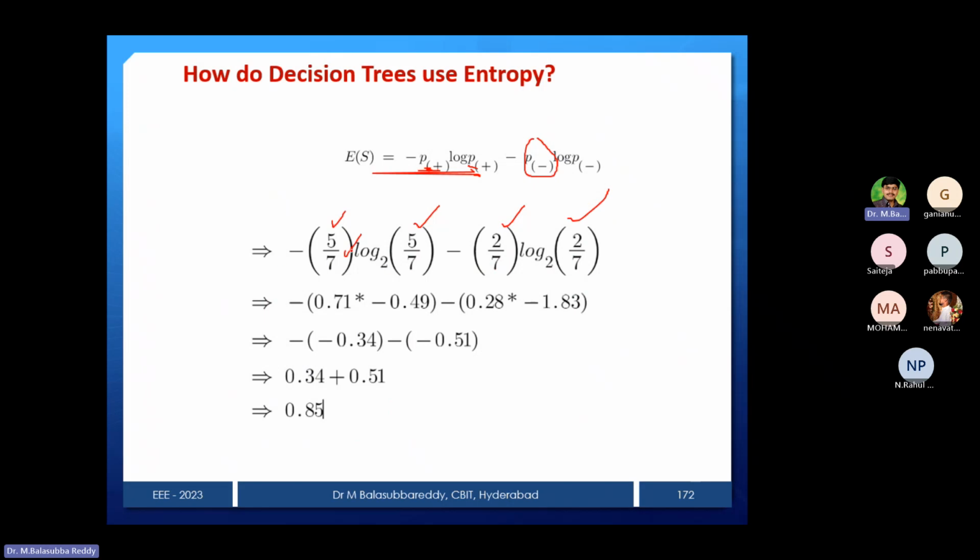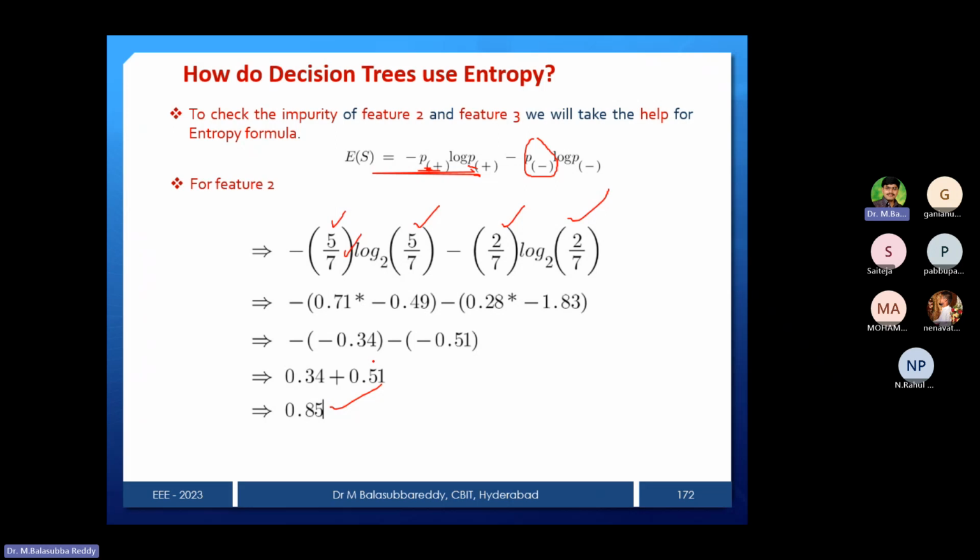So we simply calculate minus 5 by 7 multiplied by log base 2 of 5 by 7, minus 2 by 7 multiplied by log base 2 of 2 by 7. If you do the calculation, we get 0.85. So in feature 2, the entropy we got is 0.85.